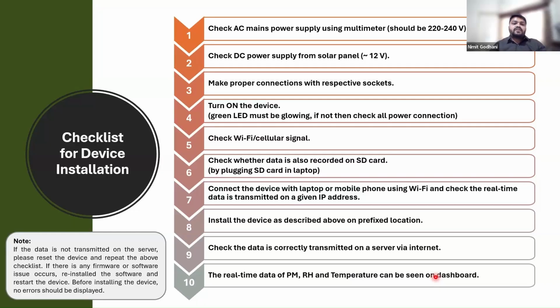When the data is not transmitted to the server, or if any error comes up, make sure that each and every step is repetitively followed, and unless and until the data in true format is transmitted, we repeat this procedure a few times.